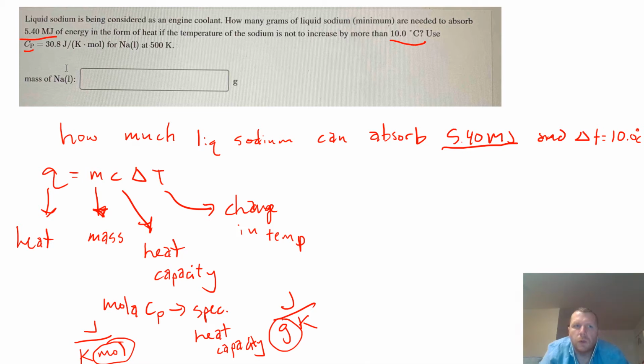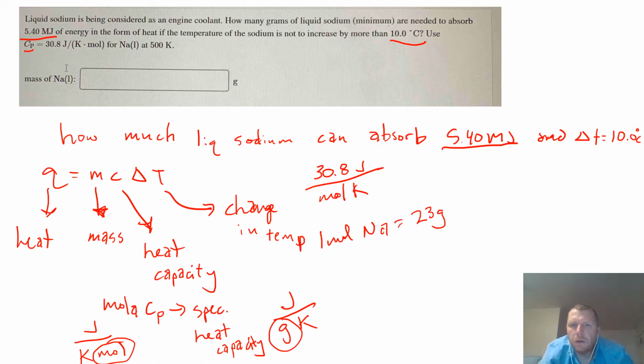So we need to take this 30.8 joules per mole Kelvin, and figure out, well, what is the relationship between 1 mole of liquid sodium and grams of liquid sodium? Well, that happens to be 23 grams.